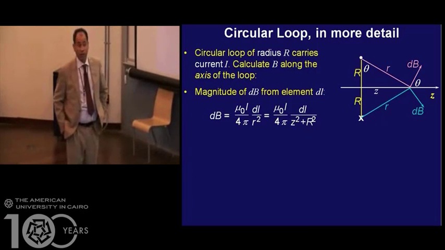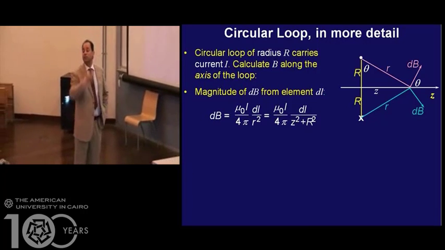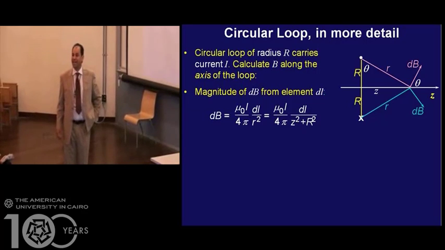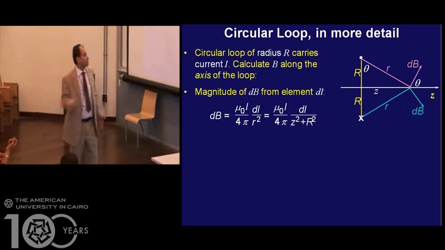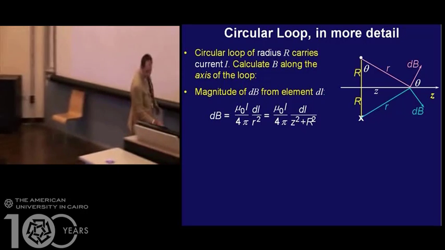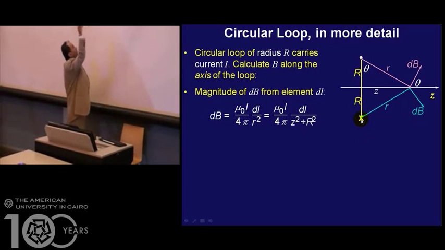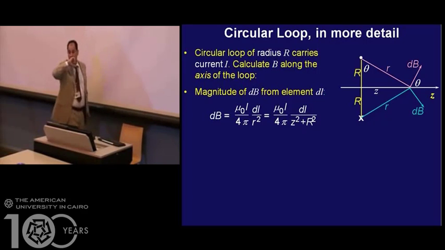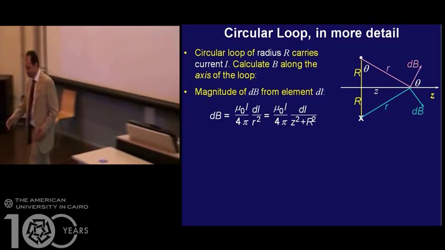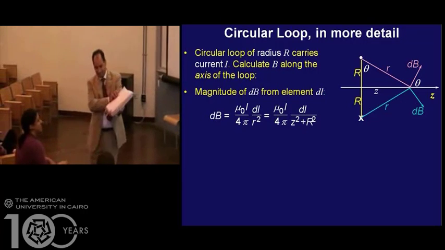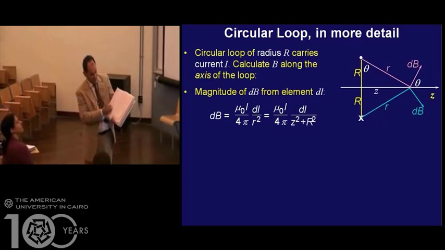The current at the point X, what is the direction of the current? What does X mean? Into the screen. The current in here at that point is into the screen. This is the current. Then there's the X, okay?